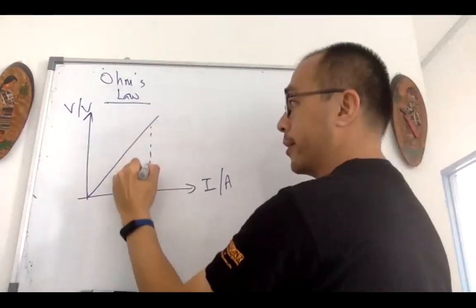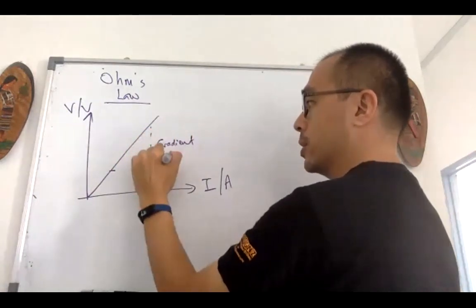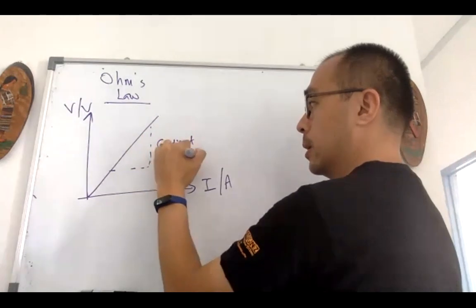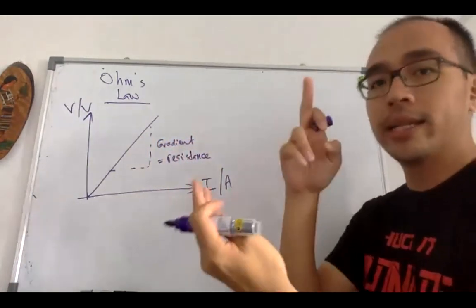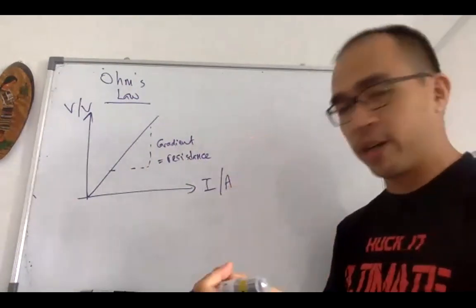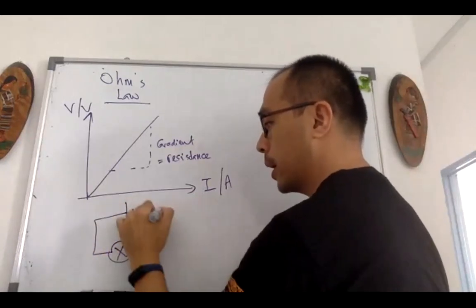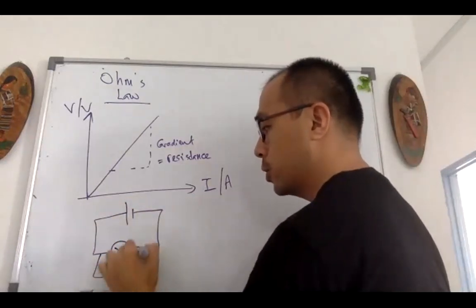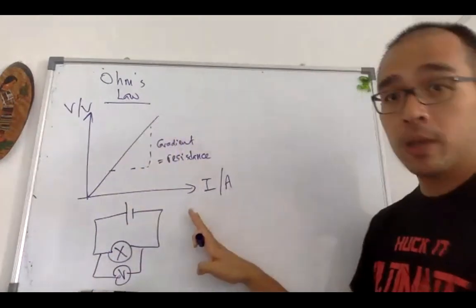And when we count the gradient, the gradient is actually equal to the resistance. The resistance of the resistor, the constant wire, the fridge, the microwave, whatever they put here. So if I want to know the resistance of this bulb, I count the gradient. This is Ohm's law.